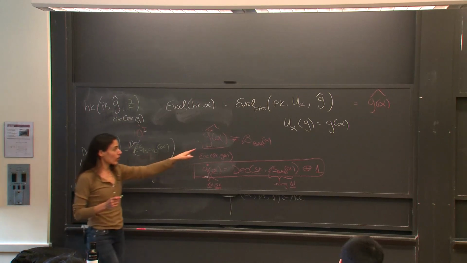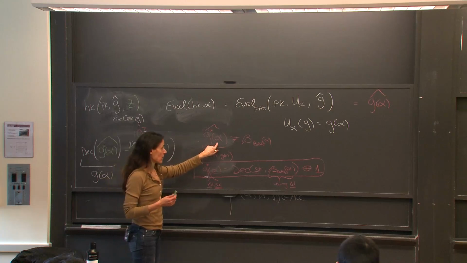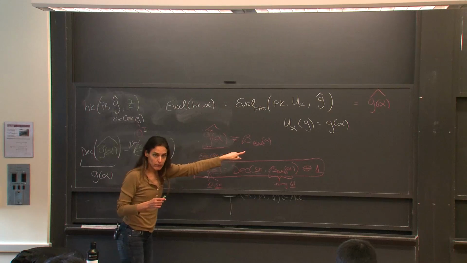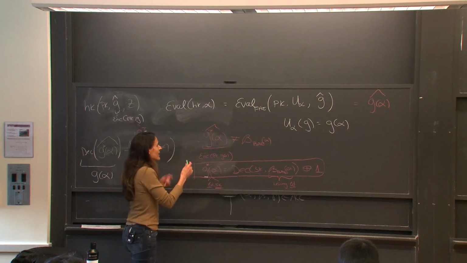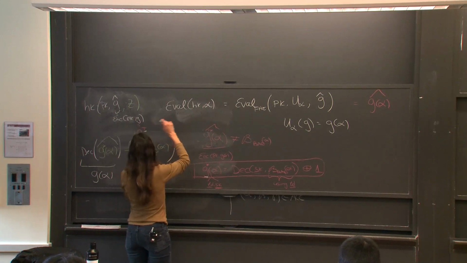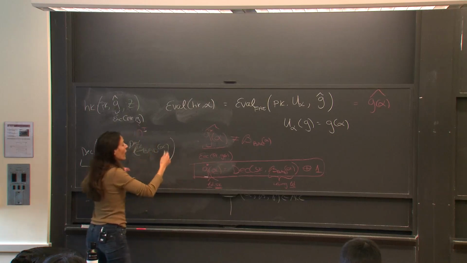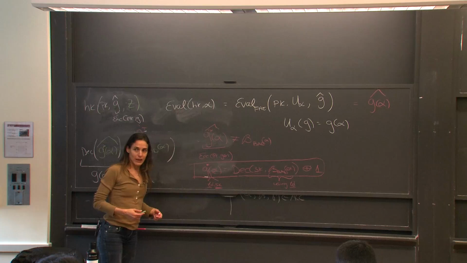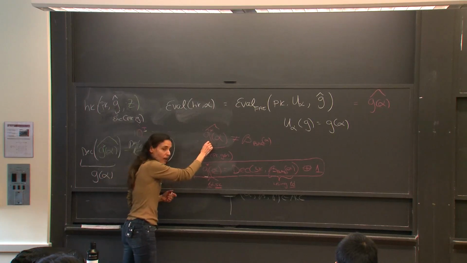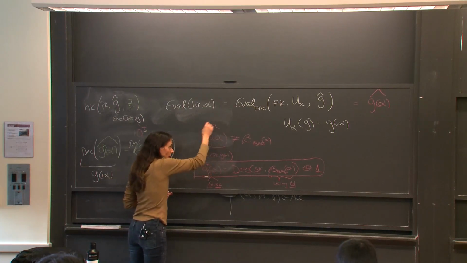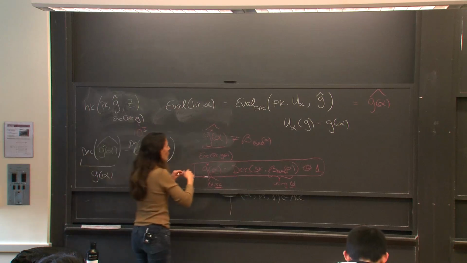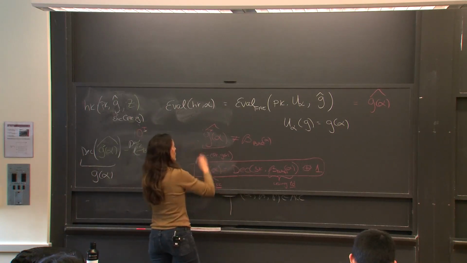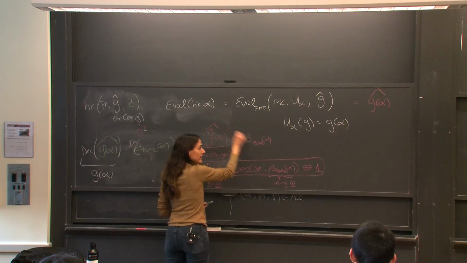Now, I still want to argue that this G is not bad. I want to argue that for every alpha, when I do this fully homomorphic encryption, it's not bad. Now I want to argue that when I do this and I add Z, it's not bad.